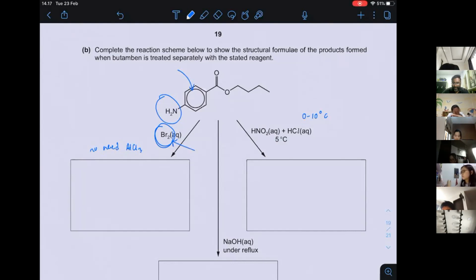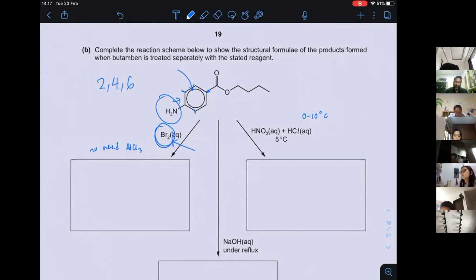But you need to take note that because NH2 is an electron donating group, similar to CH3 and so on, it will activate positions 2, 4, 6. You can see position 2, position 4 is taken, so 6.